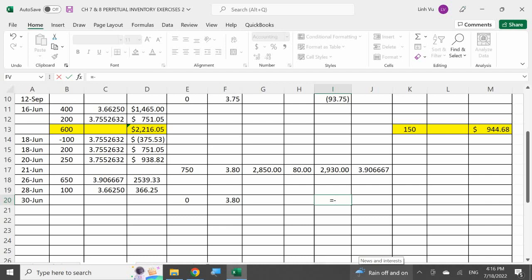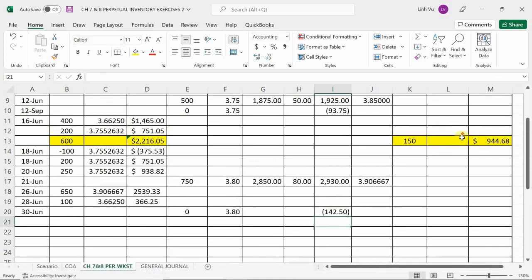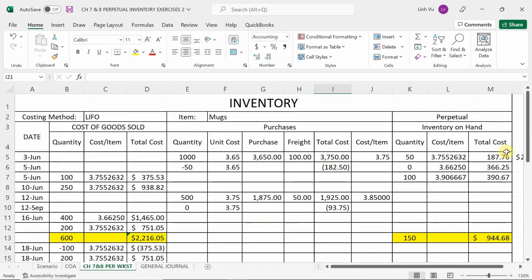But I'm going to put a negative, right? 750 times $3.80, okay? Multiplied by the 5% discount. That's going to give me my $142.50. Now, in this case, which account am I going to apply that to?